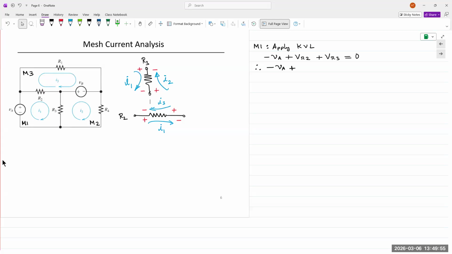So when I write my equations, I'm going to write VR2. Now, how should we treat it? If I am applying KVL in mesh 1 and I'm summing up the voltages, then VR2 will have two components. You have a voltage drop, let's call this voltage drop VR2 due to I1, and this voltage drop would be VR2 due to I3.